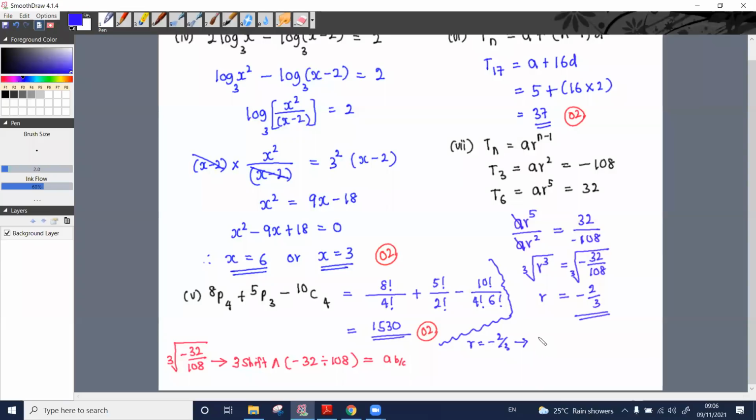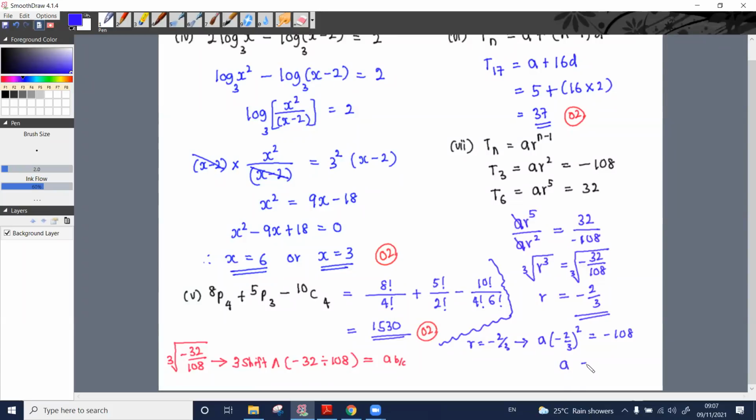So it should be a into minus 2 over 3 squared equals minus 108. Right? Divide both sides by this.